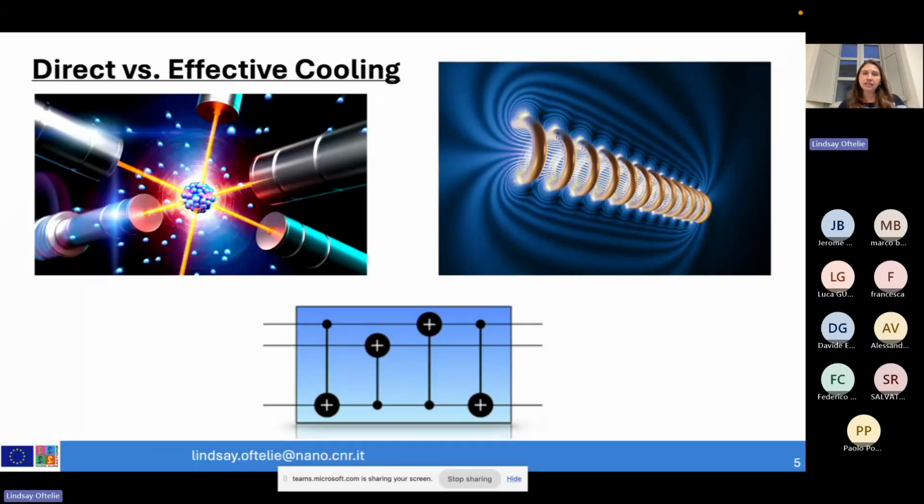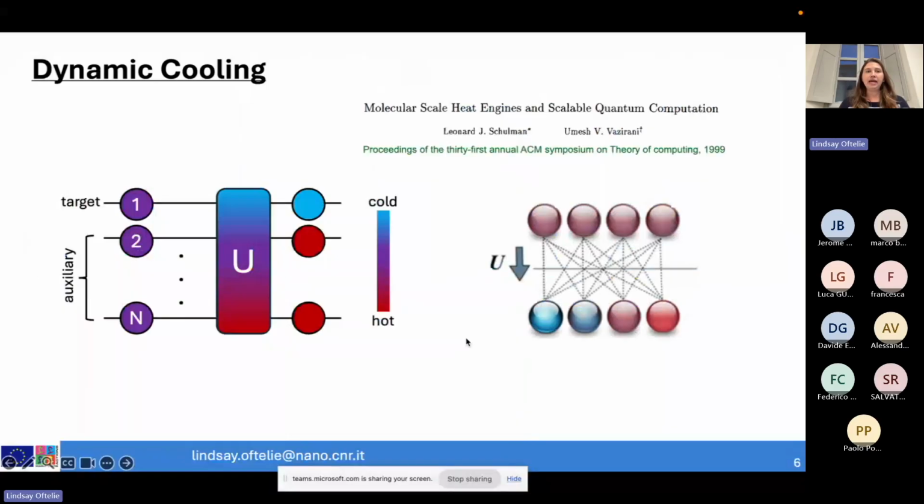So scientists then started to wonder if we could use effective cooling techniques to cool our qubits using logic gates. And the first such method of this computational cooling was known as dynamic cooling and was put forward almost 25 years ago.